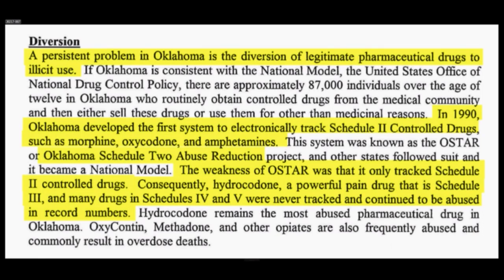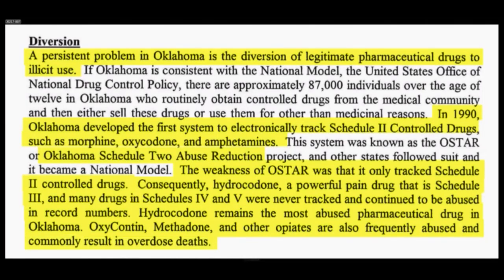And OBN indicated that hydrocodone remains the most abused pharmaceutical drug in Oklahoma, right? I see that. And that OxyContin, methadone, and other opiates are also frequently abused and commonly result in overdose deaths, right? I see that it says that.